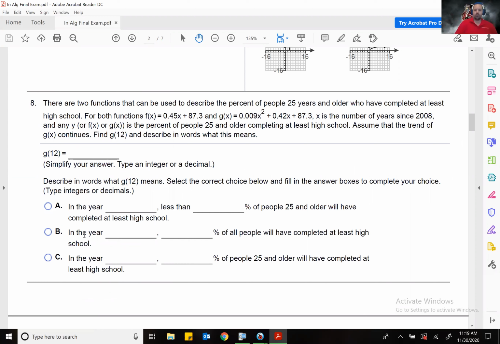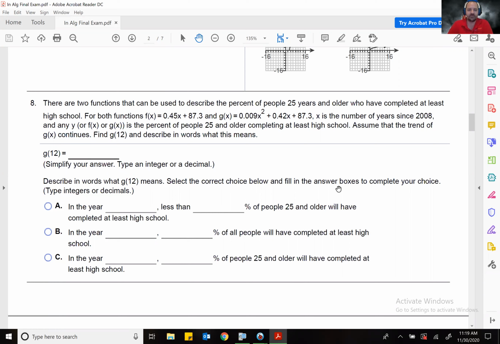So remember, X represents the number of years since 2008. Y is the percent of people 25 and older completing at least high school. So the first thing it says in all of these is in the year blank. So it sounds like we need to figure out the year.